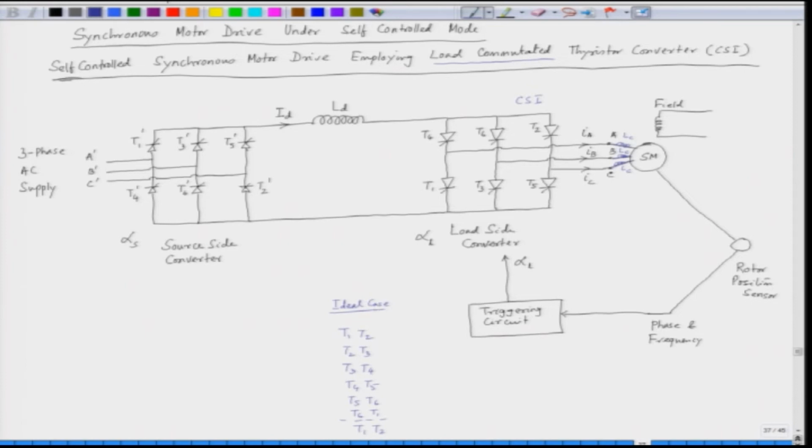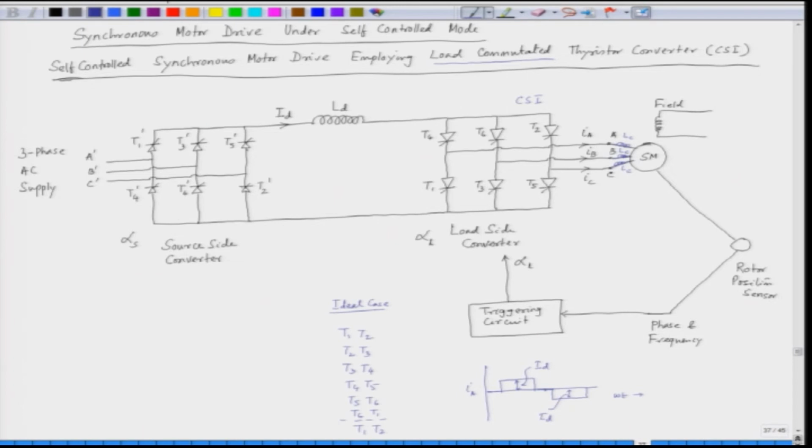Now, the load current ideally will have a quasi rectangular nature. If we see the load current IA, the ideal current waveform will be that of a CSI, something of this sort. The amplitude here is ID, and the amplitude in the negative direction is also ID. This is against omega t.